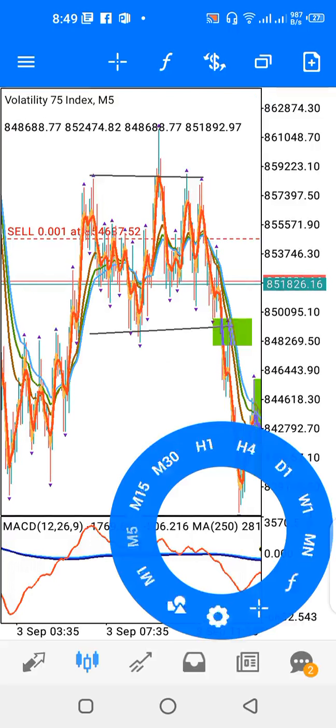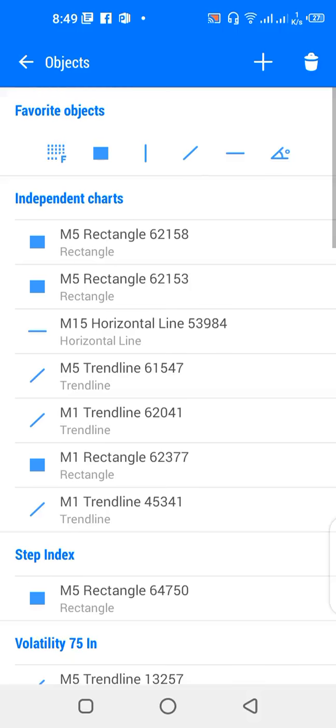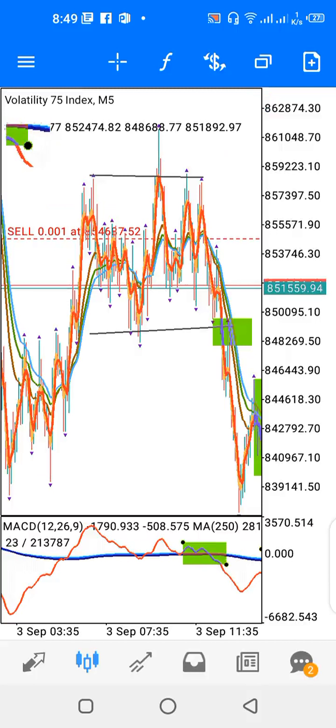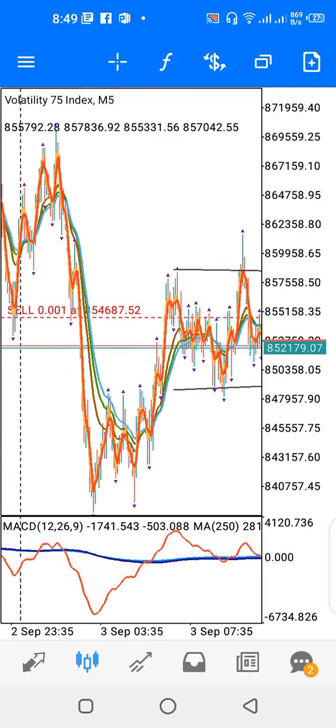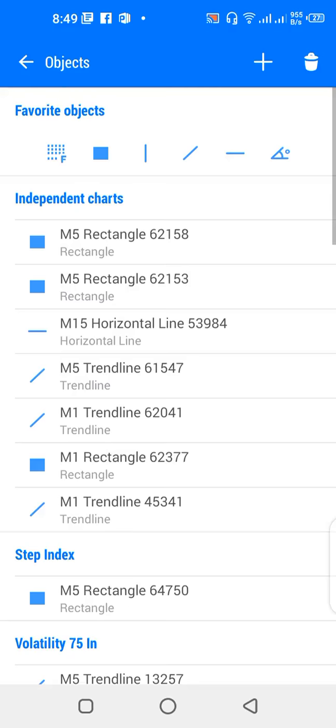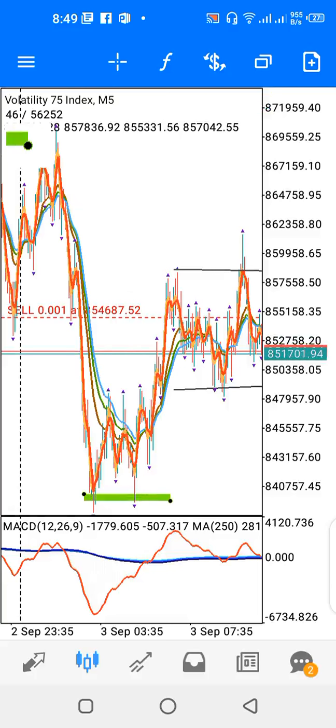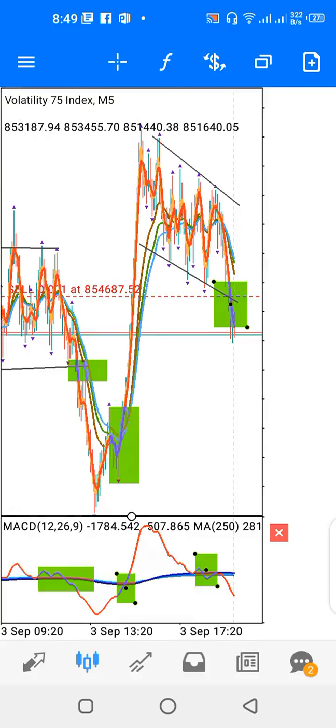Then you look at what's happening on indicator window one. All right, you can see the red line crossing below the blue line. So another range, we have another range around here.